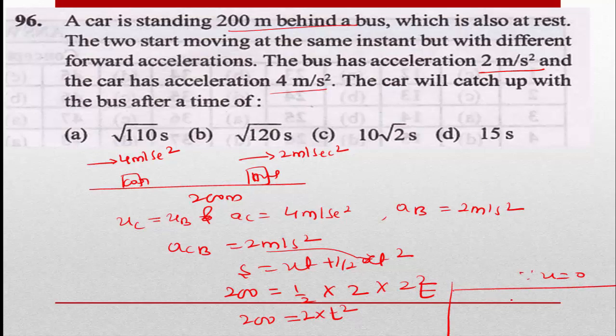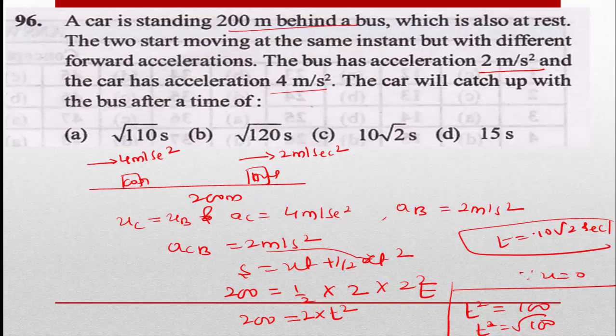So t square is equal to 200 divided by 2, which is 100, or t is equal to root of 100, or t is equal to 10 root 2 second. Option C is the right answer.